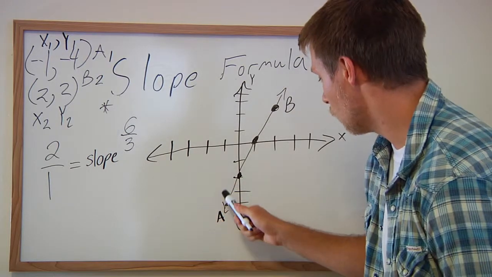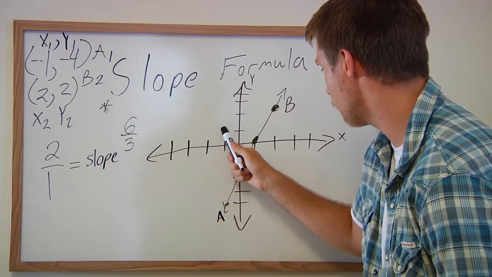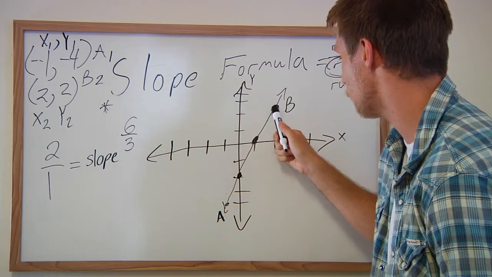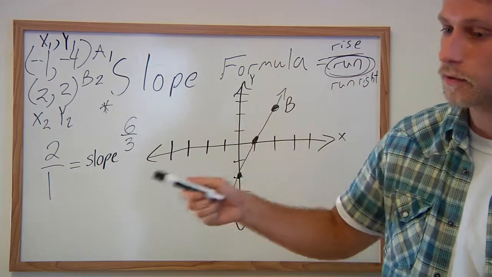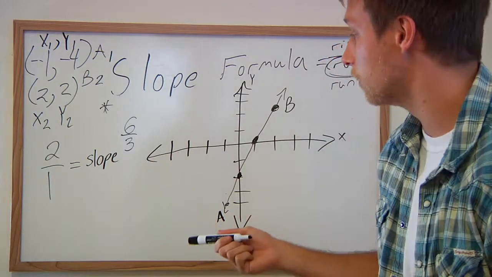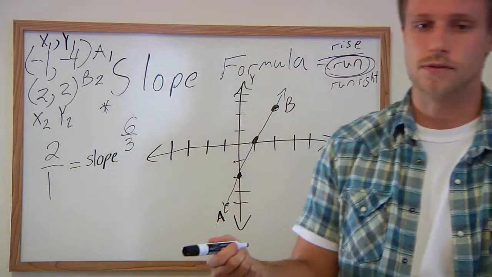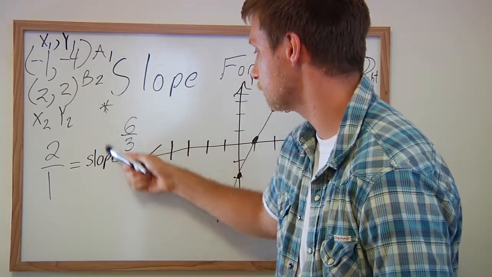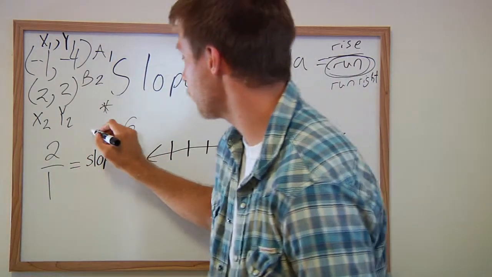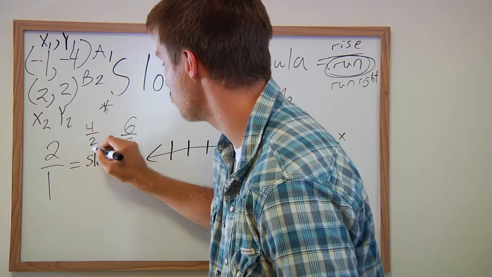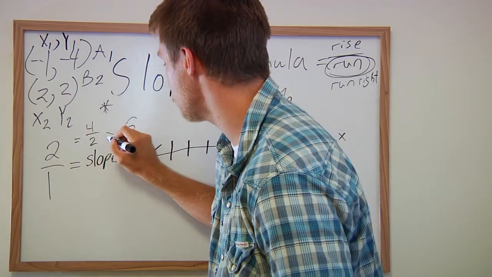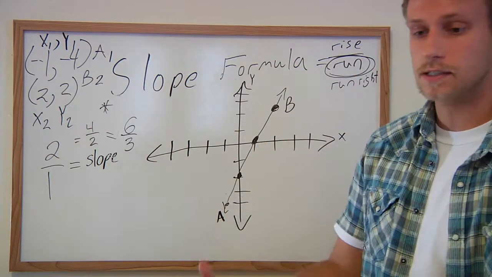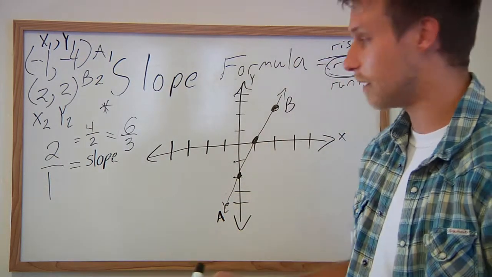And let's see. 1, 2, 3, 4, 5, 6. And I'm going to run 3 to the right. 1, 2, 3. So the slope of this line is 2 over 1. But any multiples of 2 over 1, such as 6 over 3, or even 4 over 2, these are all equal, and these are all the same exact slope, because a simplified form is the same number.